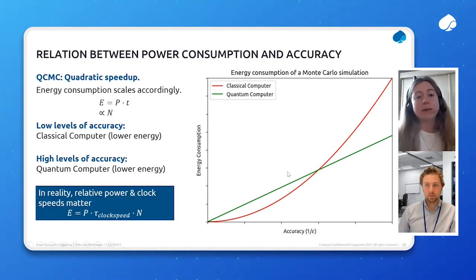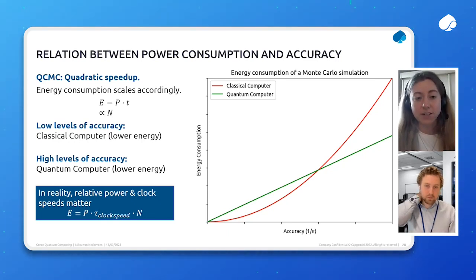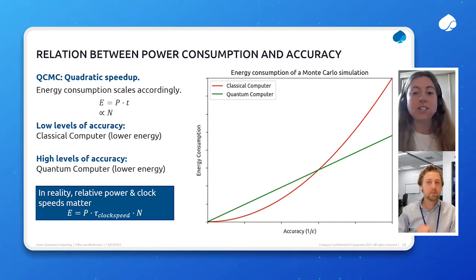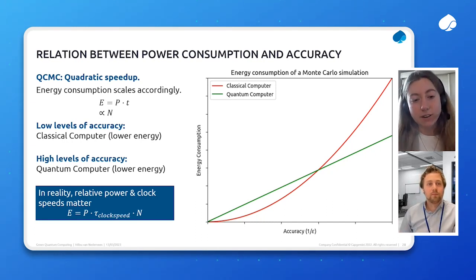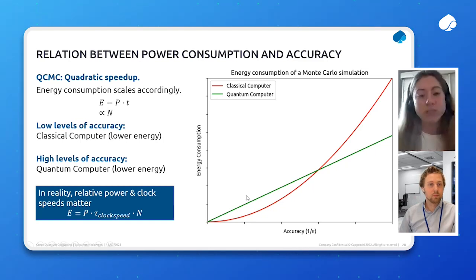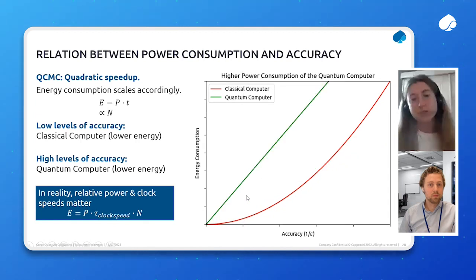This is not all, because in reality, the relative power consumption and the clock speeds matter a lot. What this essentially means is that if the clock speed is very low and the relative power consumption is very high, we stay very much on the left of this graph, which is what was visualized here.